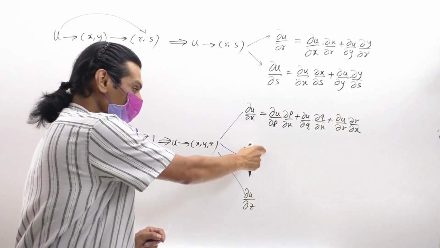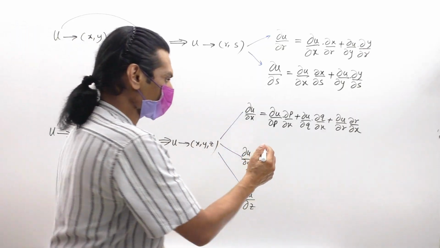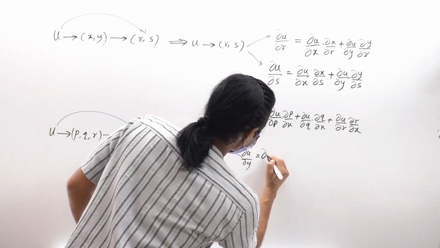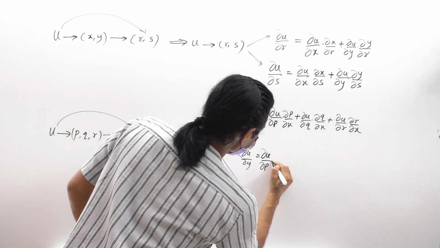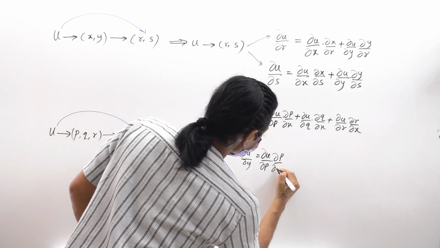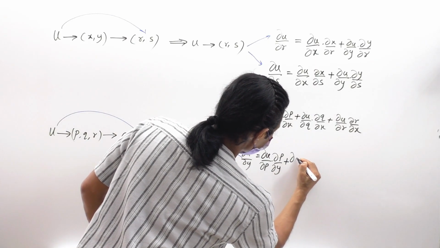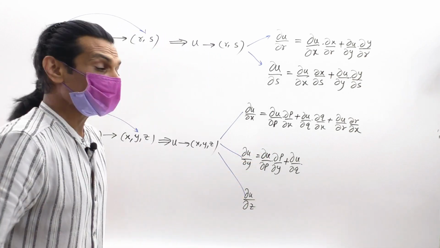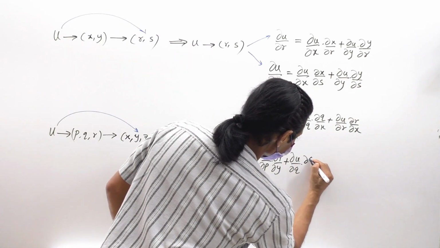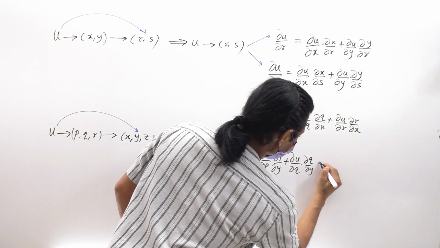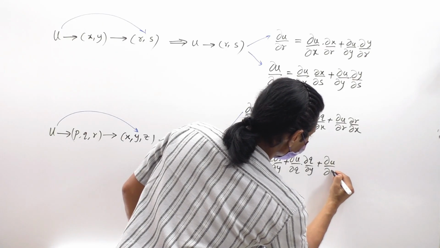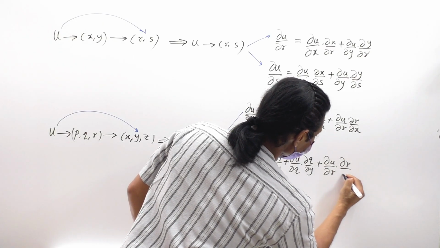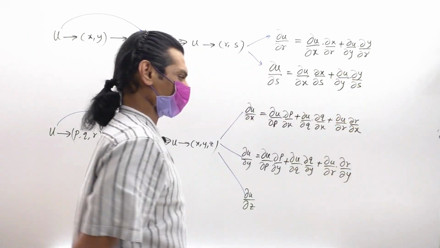First one. Second one, dou u by dou y, similarly. This will be again dou u by dou p into dou p by dou y, plus dou u by dou q into dou q by dou y, plus dou u by dou r into dou r by dou y.